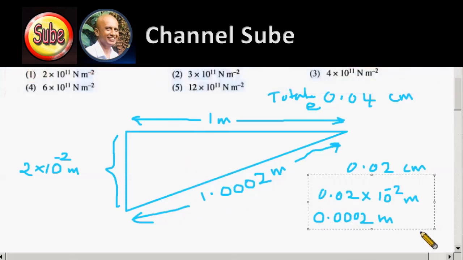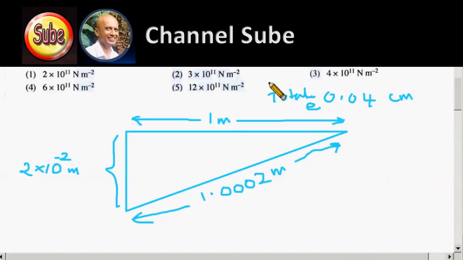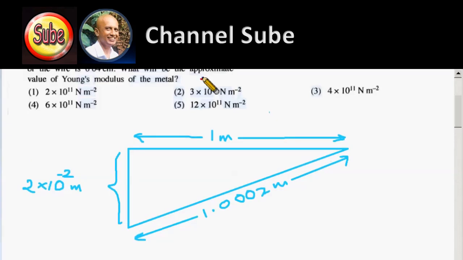Triangle is okay. Now we have to consider forces, because Young's modulus equals force divided by area, the whole thing divided by e over L. L is the initial length, which we know. Extension e we know, 0.0002 meter.